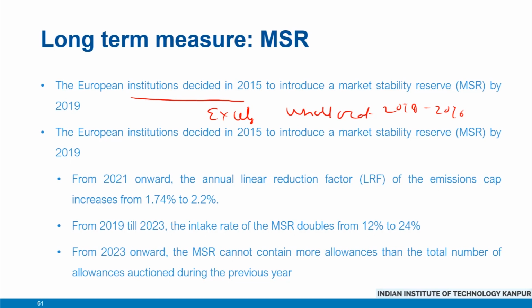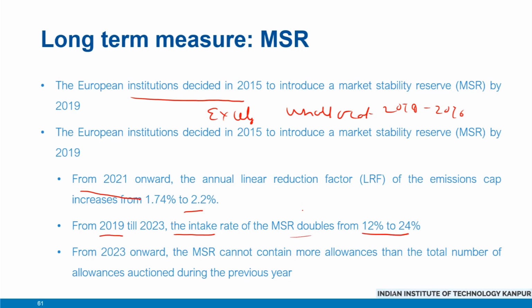Now in 2018, the European Council decided to strengthen the ETS with the MSR in three ways. Let us discuss these three important measures. First, from 2021 onward, the annual reduction factor of the emission cap increased from 1.74 to 2.2%. Second, from 2019 till 2023, the intake rate of the MSR was doubled from 12% to 24%.